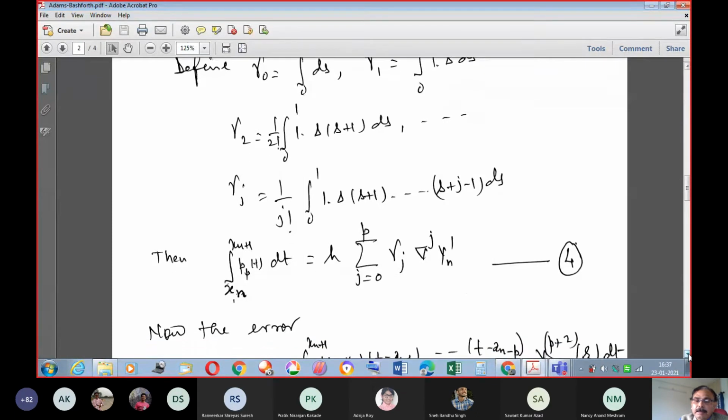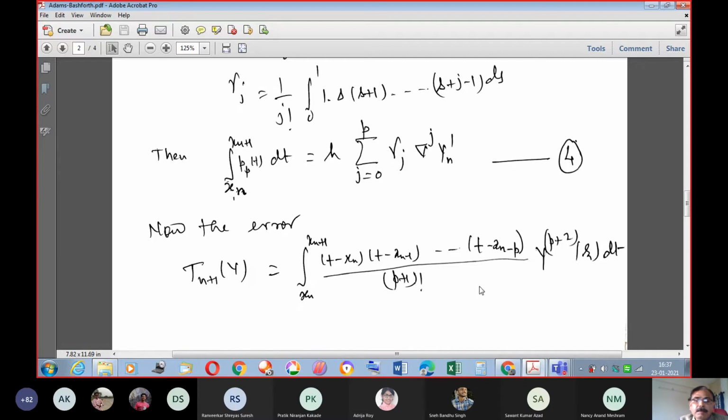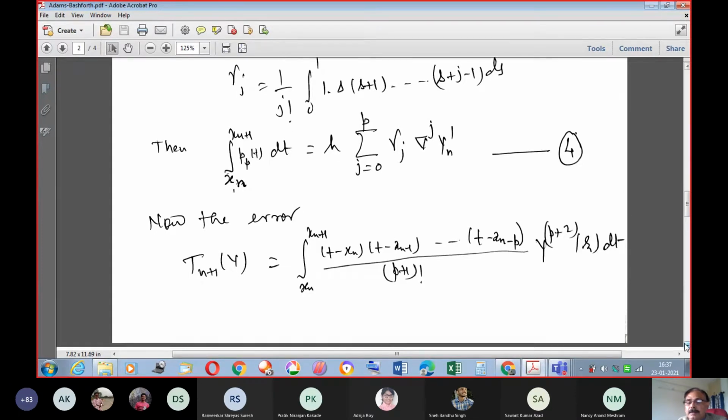And then we have to see the error part, how it looks like. Error part was tn plus 1, xn to xn plus 1, and then all the terms are there, all the products are there, divided by p plus 1 factorial, p plus 2th derivative of y at a general point psi.